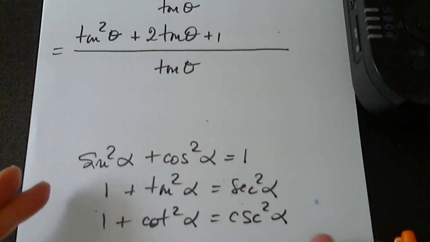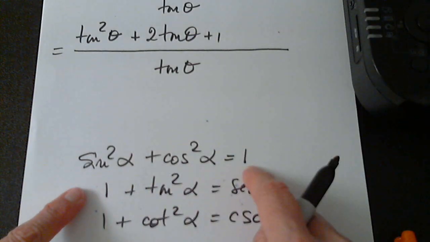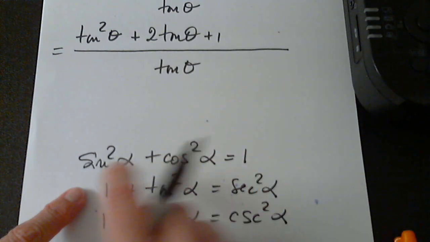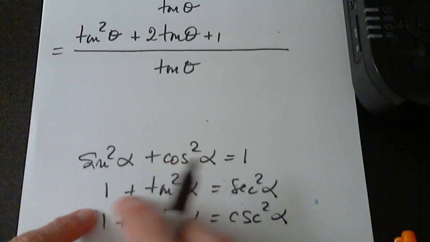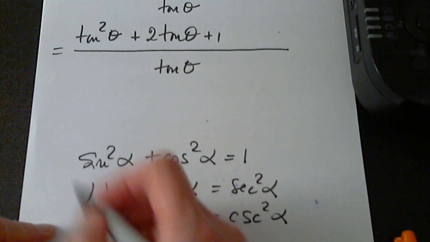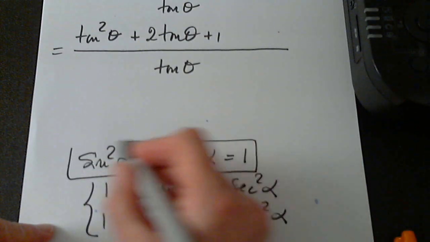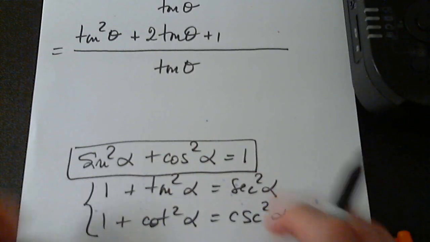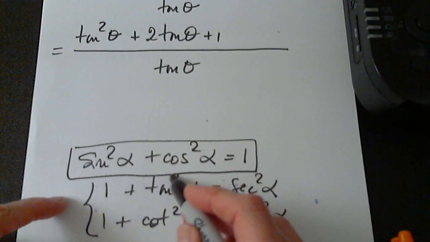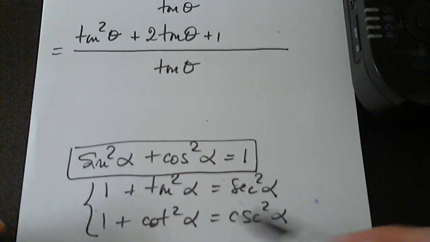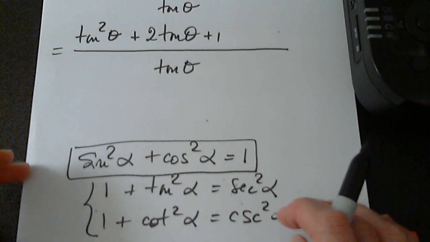Where does this come from? Remember, we divide both sides here by sine squared, and we get this. We divide both sides here by cosine squared, and we get this. These two come from this one. But we have to be very careful how we use them and remember them, because they're extremely useful.